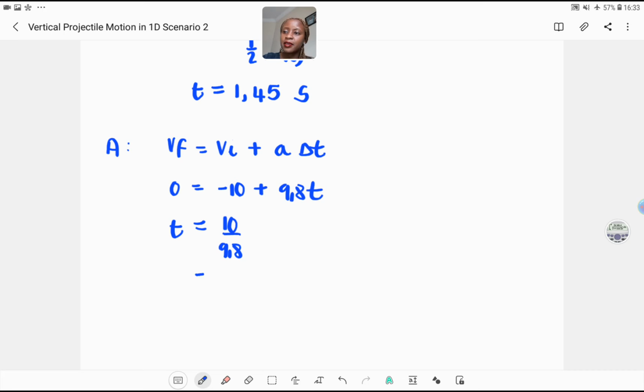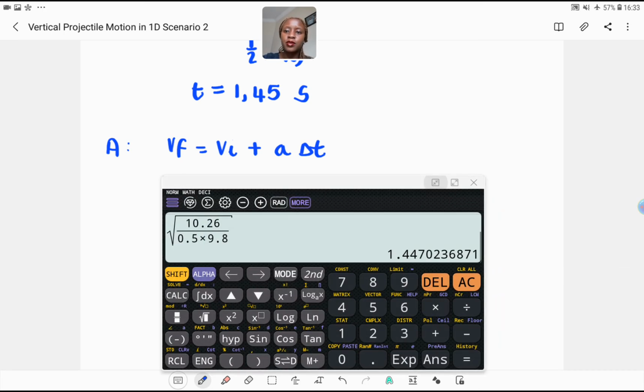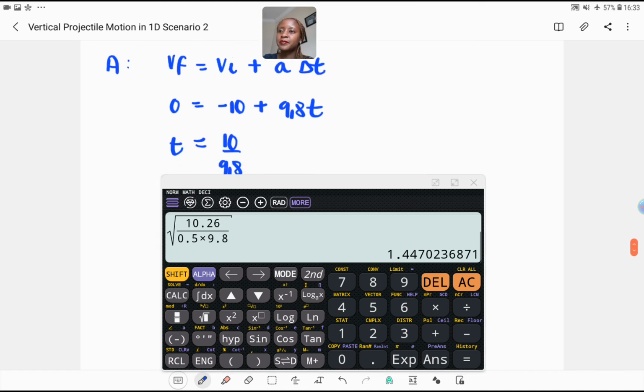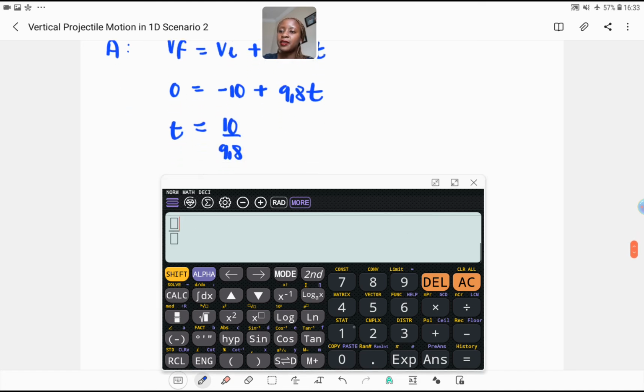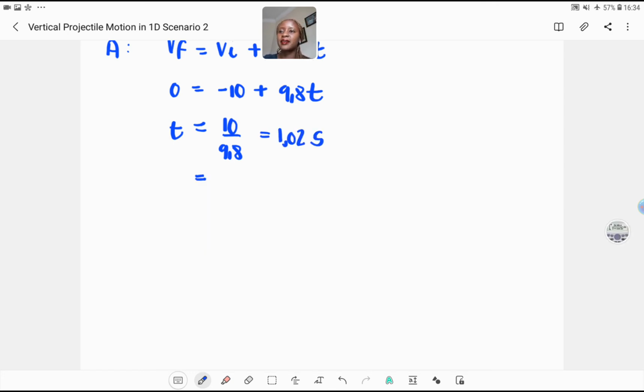So the time it took to reach the maximum height is 10 over 9.8, and that is 1.02 seconds.